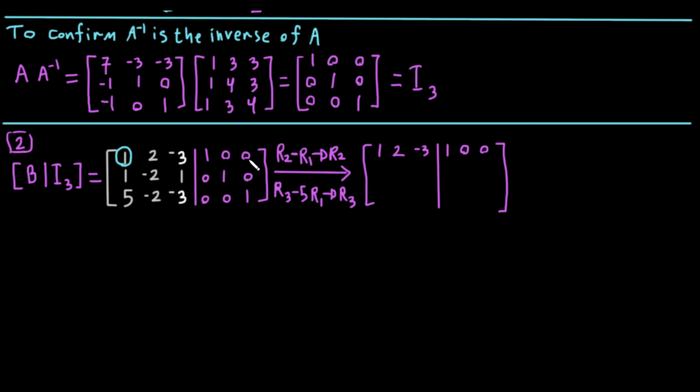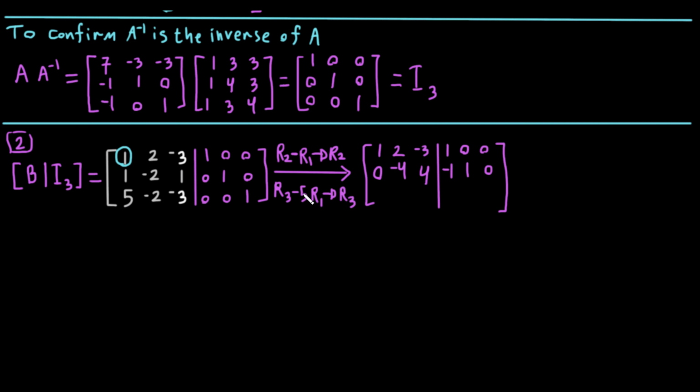Now here 1 minus 1, which is 0, negative 2 minus 2, which is negative 4, 1 minus negative 3, which is 1 plus 3, which is 4, so I will write here 4. 0 minus 1, which is negative 1, 1 minus 0, which is the same 1, 0 minus 0, which is 0.